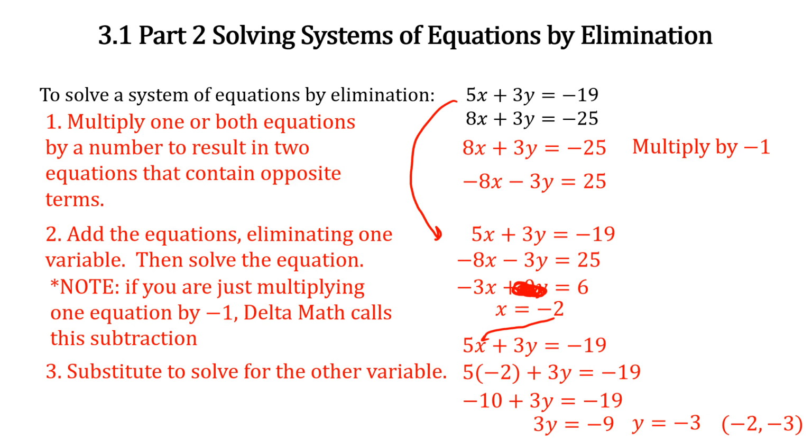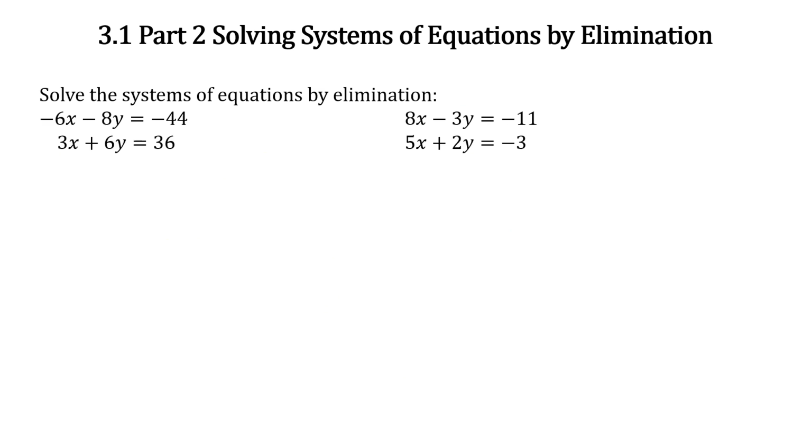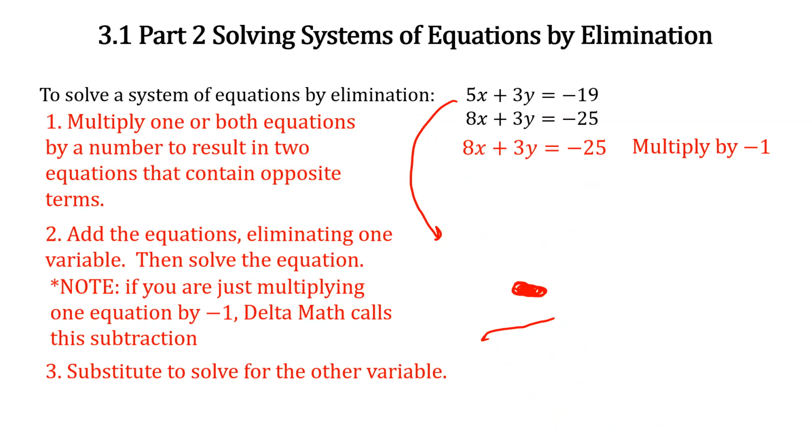Okay. Let's try another one here. By the way, this is that one, just for the record. When we say multiply by -1, what Delta Math is going to say is you're just subtracting this. So when you're asked for an answer, and the signs are the same, you say, I'm going to subtract to eliminate y.